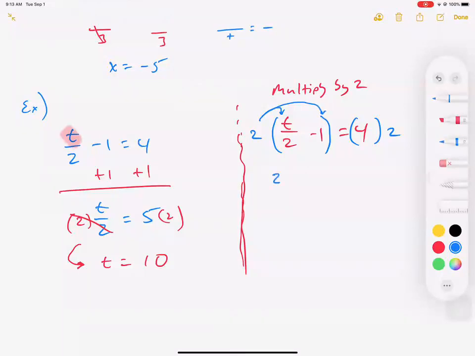It'll be 2t over 2 minus 2 times 1. You write these in parentheses here. Is equal to, let's finish that and call that 8. Because 4 times 2 is 8.